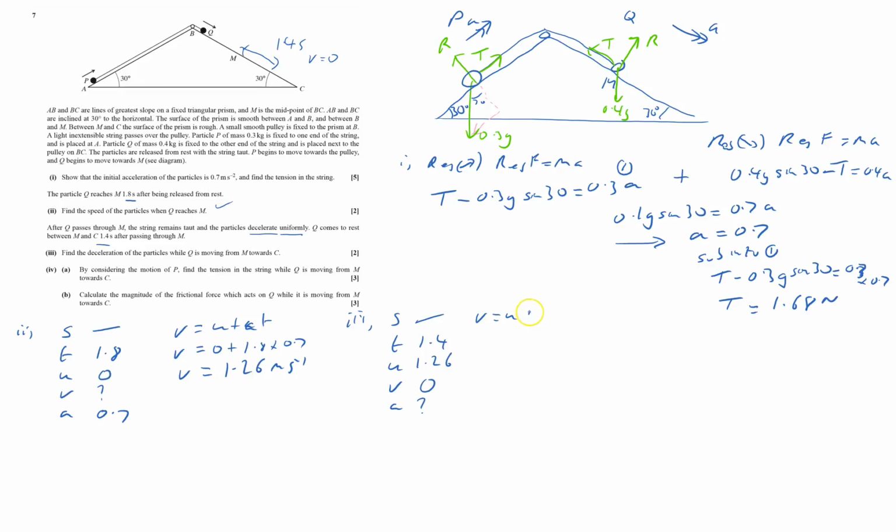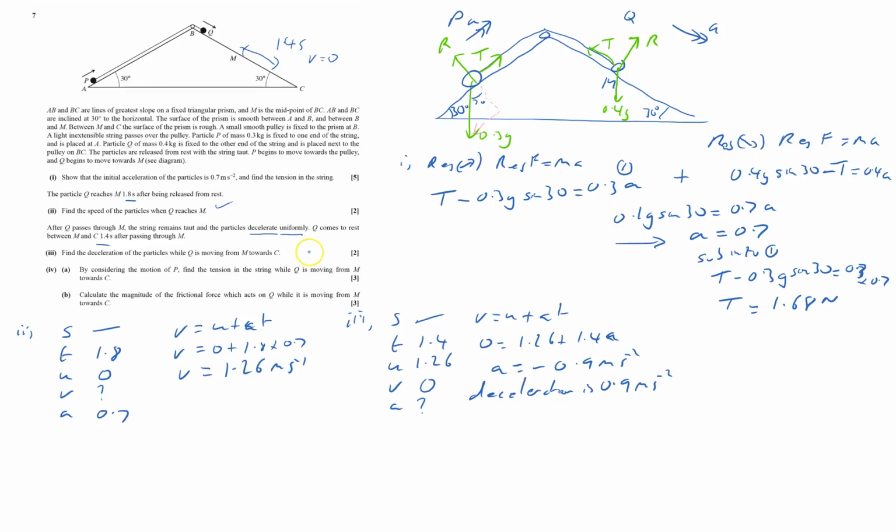So 0 equals 1.26 plus 1.4a. So a works out as minus 0.9 meters per second squared, and therefore the deceleration is 0.9 meters per second squared.